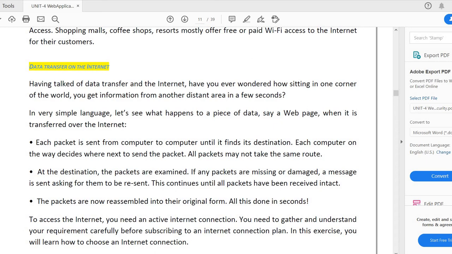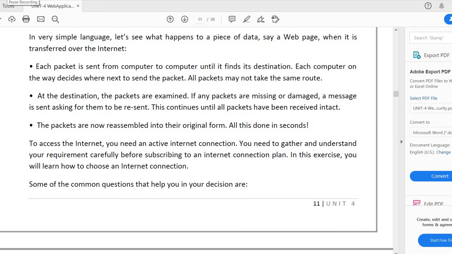First, the entire data is divided into pieces called data packets, and each packet has the destination ID of where to send it. The entire information is divided into different packets, and these packets are sent through different routes. It is not necessary to go through the same path, it can go through different routes and it will reach the destination.